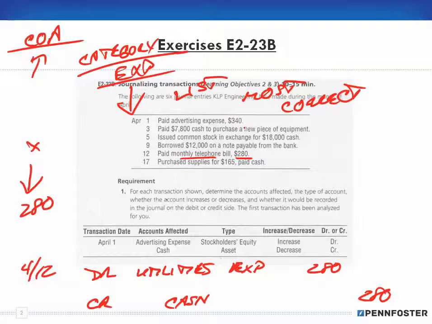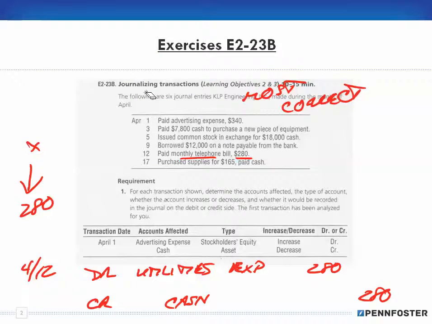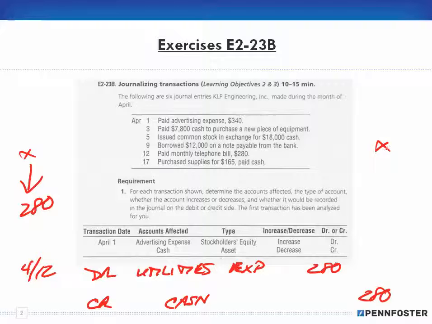Okay. Now, granted, if the business has been in business for a while, you could have pulled out the telephone bill and seen how that particular transaction was recorded, or what they call coded, okay? And then you would have just basically copied that, all right? So in that case, you would have seen a utilities expense account, and that's what you would have used.